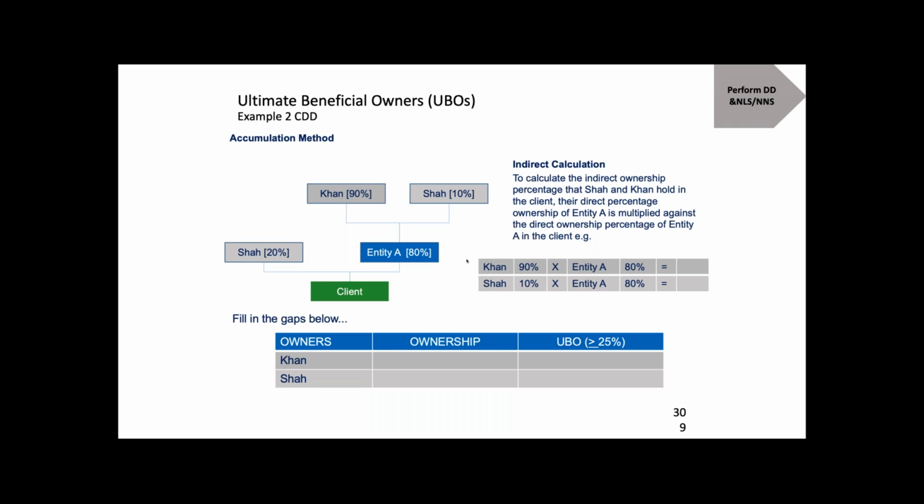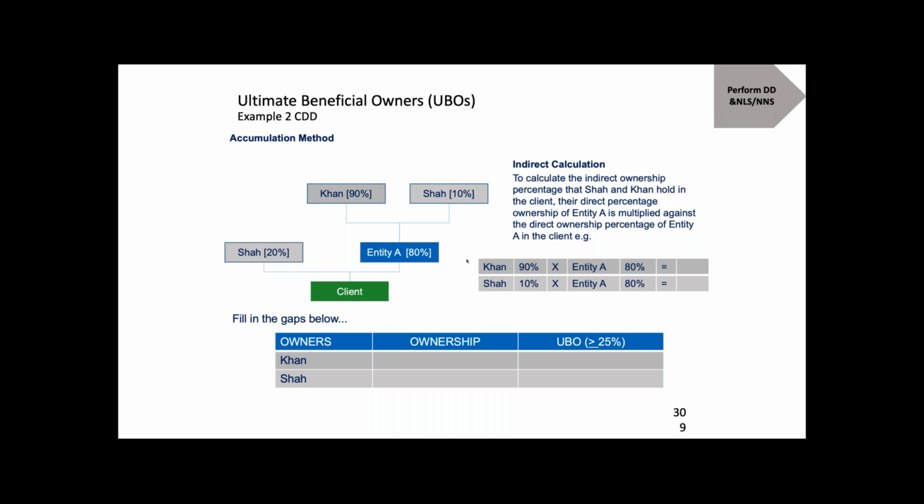If you say he owns above 25%, I need the exact figure. He owns 90%. He can't own 90% because entity A owns 80%. Oh, he owns 90 of 80, which is 72%. And what about Shah? Shah owns 10 of 80, which is not up to 25.